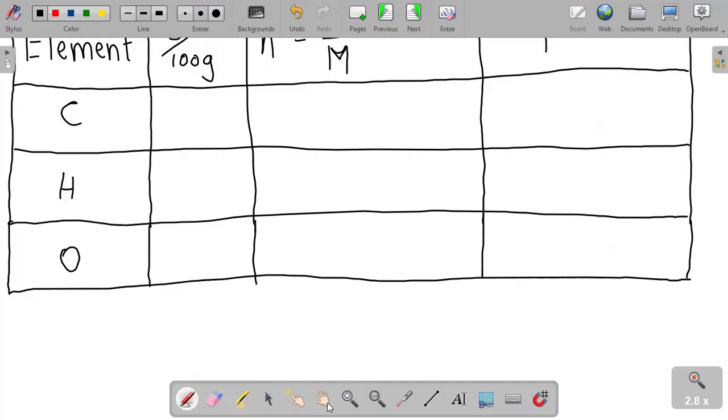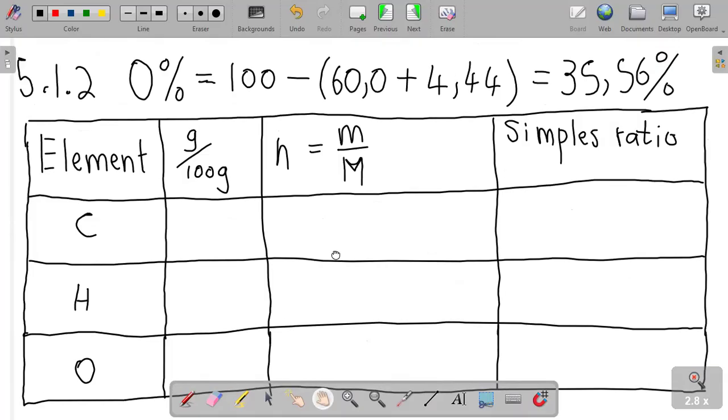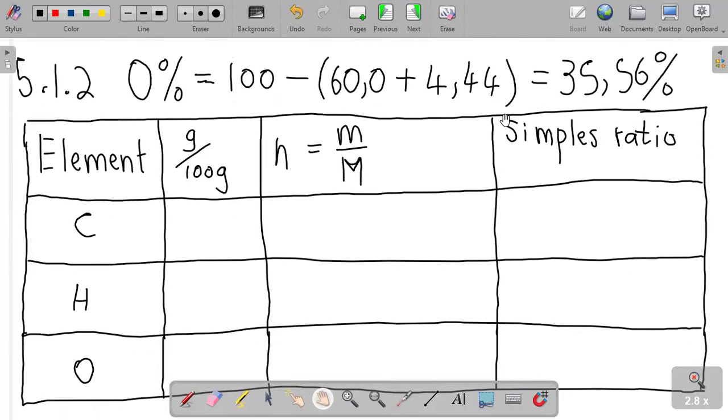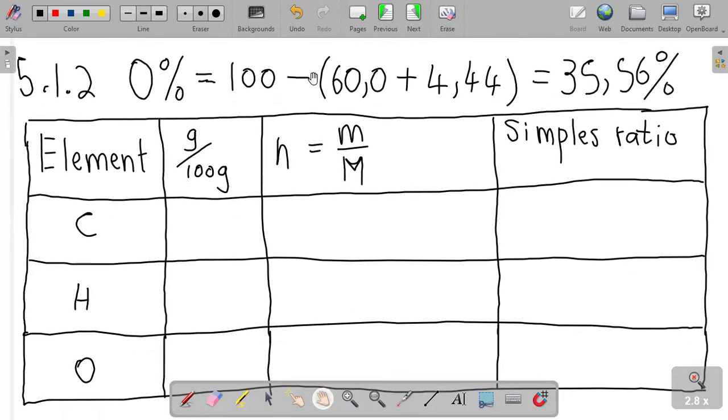So now, for O, we just found it, isn't it? It's 35.56. The H is 4.44. The C is 60.0.